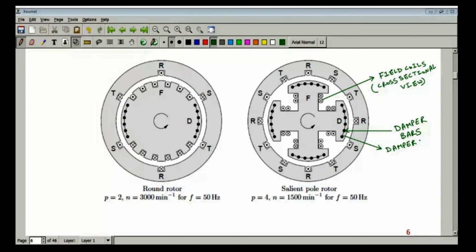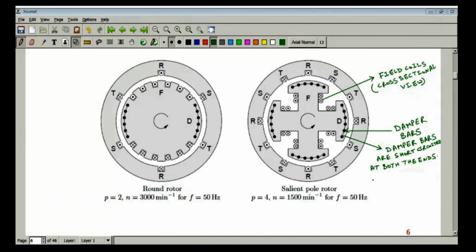Damper bars are short circuited at both the ends.